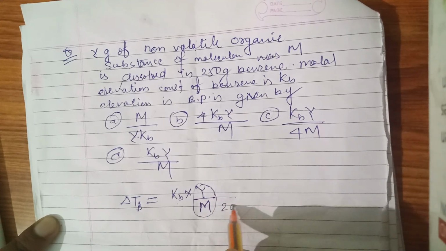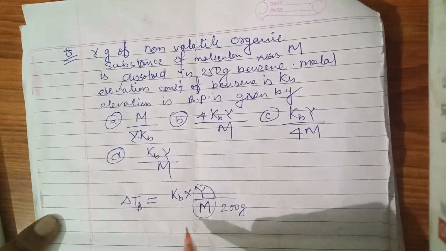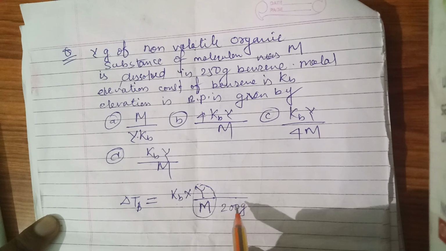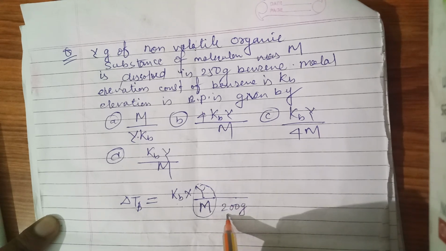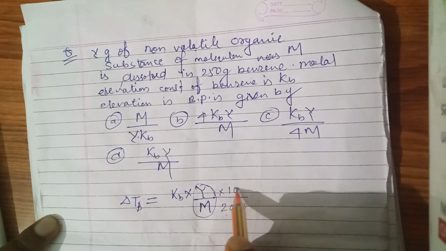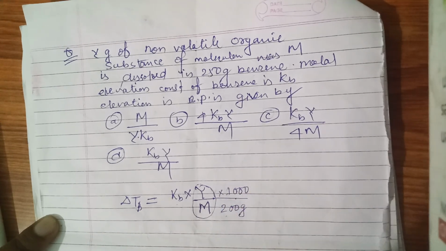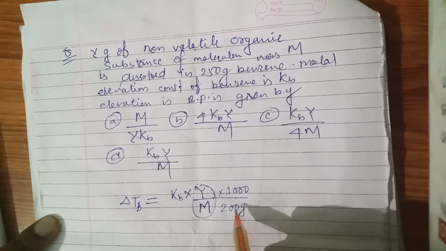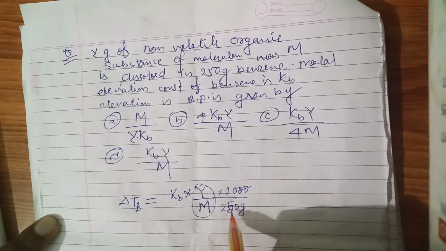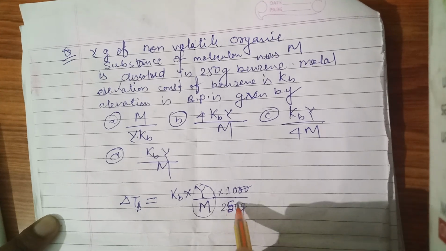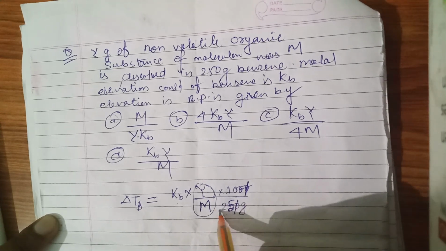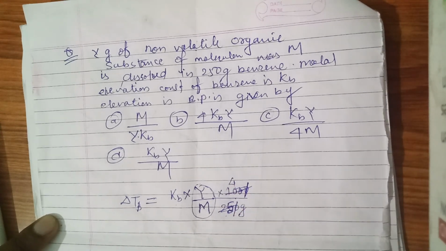The mass of solvent is 250 gram. If we convert this into kilogram, we divide by 1000, so we can multiply by 1000 in the numerator. Then 10 gets cancelled with 10, and 25 goes into 100 four times.